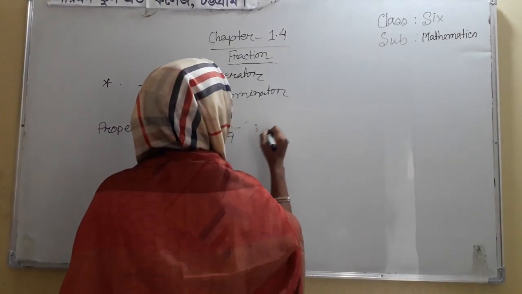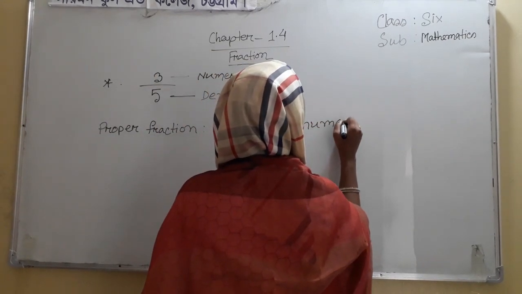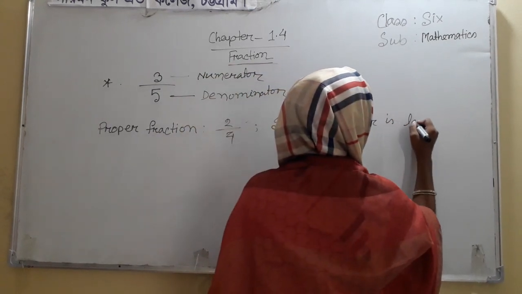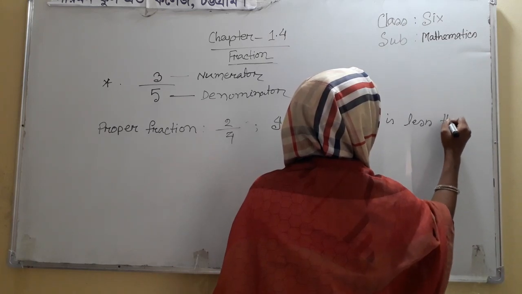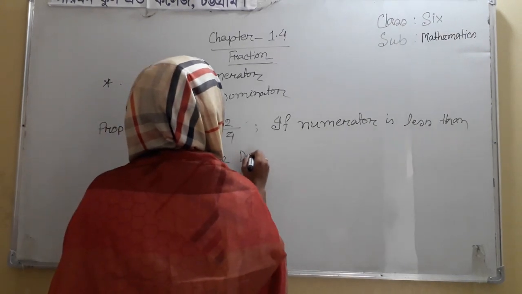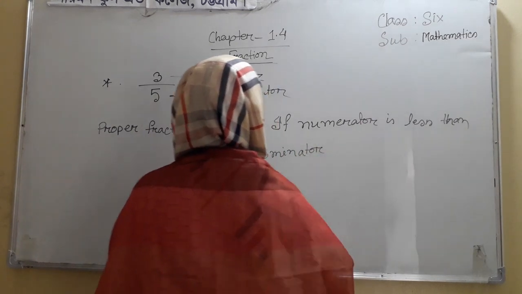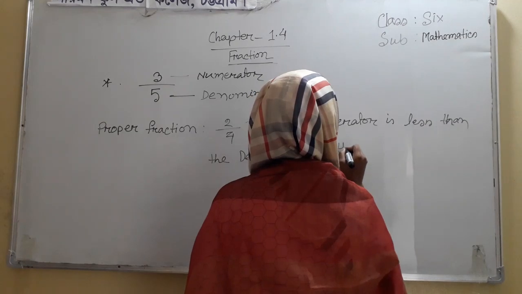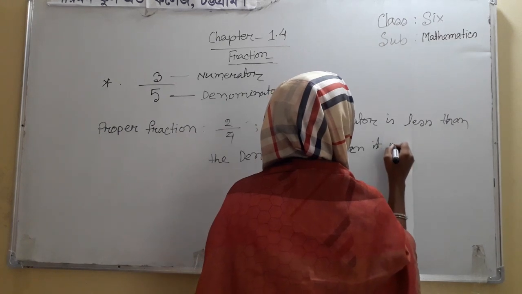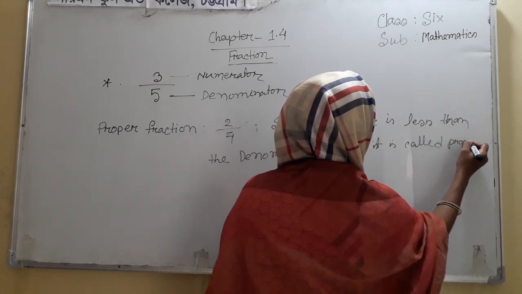That means if numerator is less than the denominator, then it is called proper fraction.